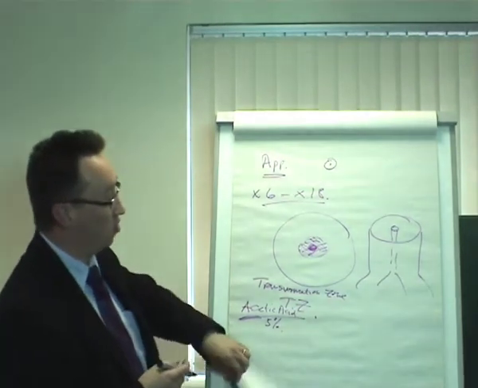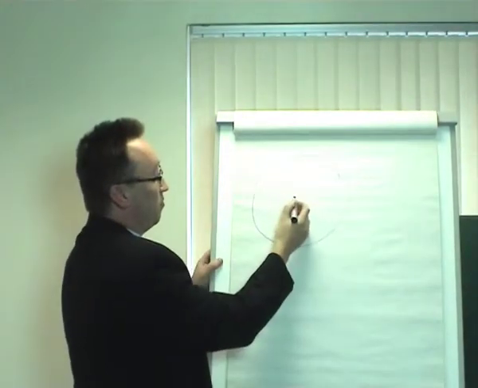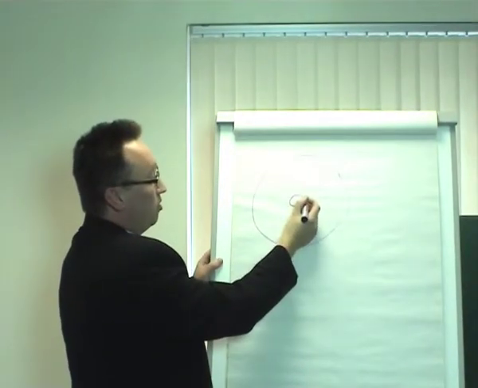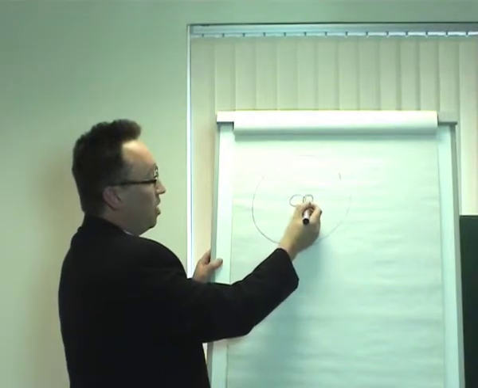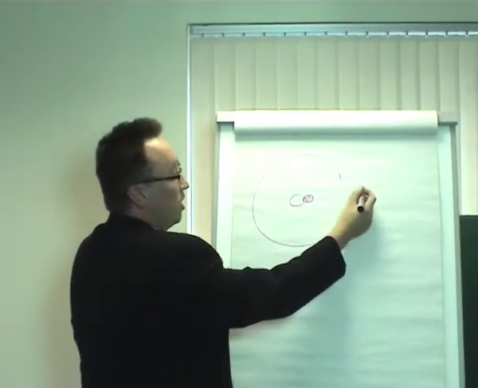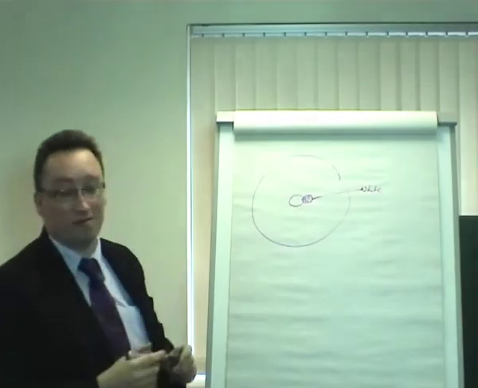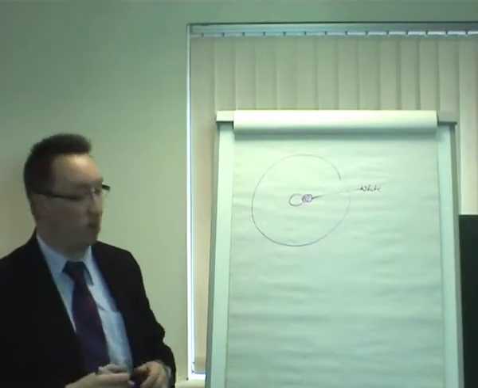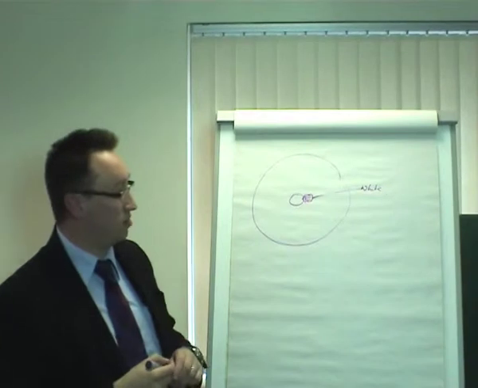So when we do a colposcopy, there might be a little area here that goes white, and that would suggest to me that there's an area of abnormal cells there.